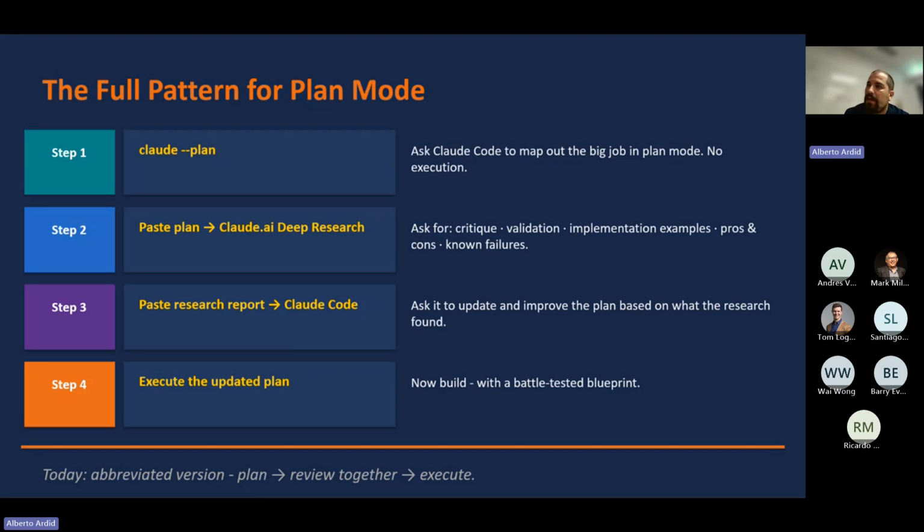I ask it to tear the whole plan apart and critique it, validate it, show me implementation examples from the literature, what the pros and cons of this plan are, why it's relevant, and where this kind of approach has failed before and why. This is the typical stuff that consumes all of your tokens, but it improves things massively. Once you are happy with it, that's when you go back, update your plan and execute it.